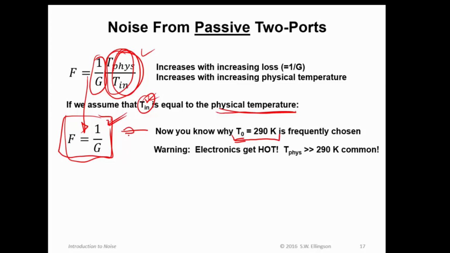Now I have to warn you, electronics get hot. Perhaps you already know this. So physical temperature much, much greater than 290 Kelvin is pretty common. So the extent to which you can say that because you have this reference temperature, you have approximately this condition, sometimes that can get iffy. So be very, very careful if you're going to use this.